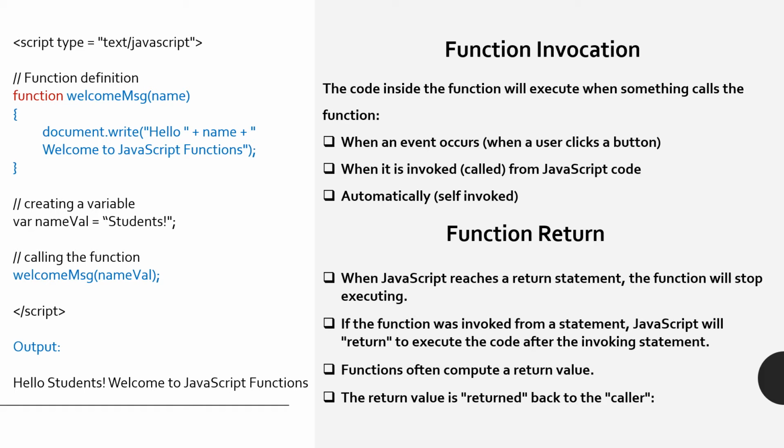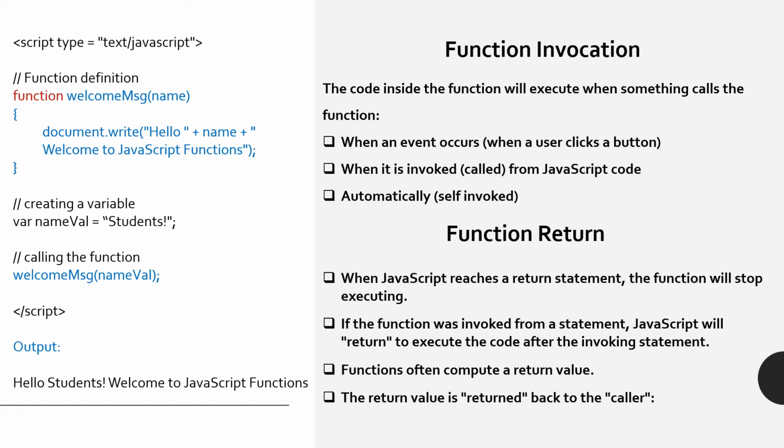That can be when an event occurs, that means when the user clicks a button, or it may also happen automatically. So these are the different ways. This is an example. This is calling a function.